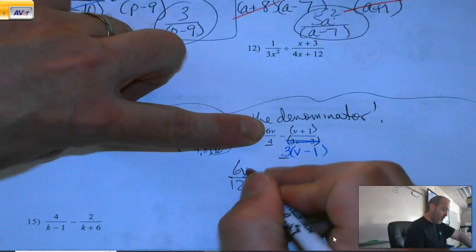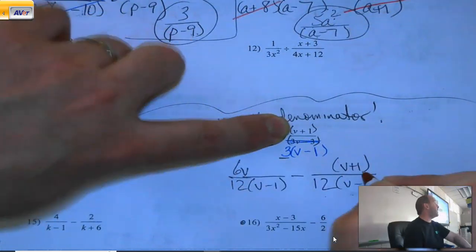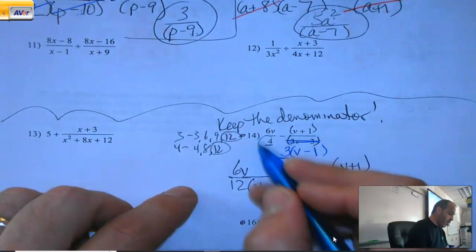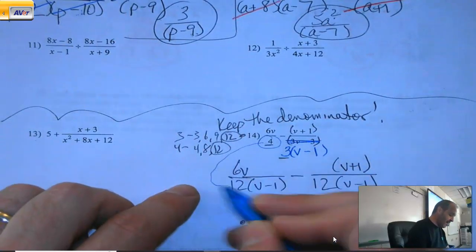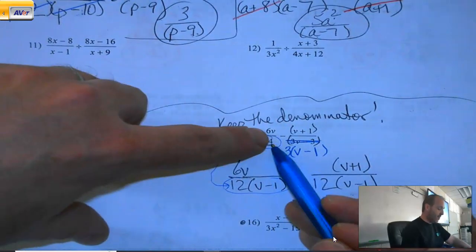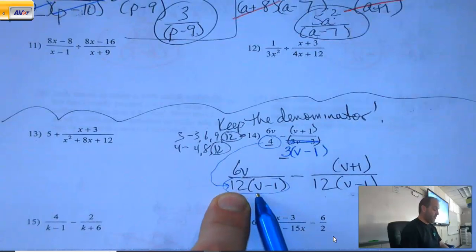Whatever was in the numerator already stays. Do not cancel yet. And now we're in our mode where we play the game of what do I have to multiply this by to get this?